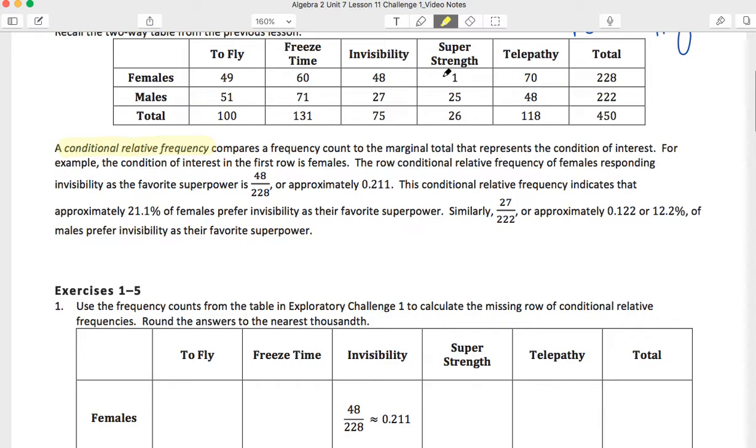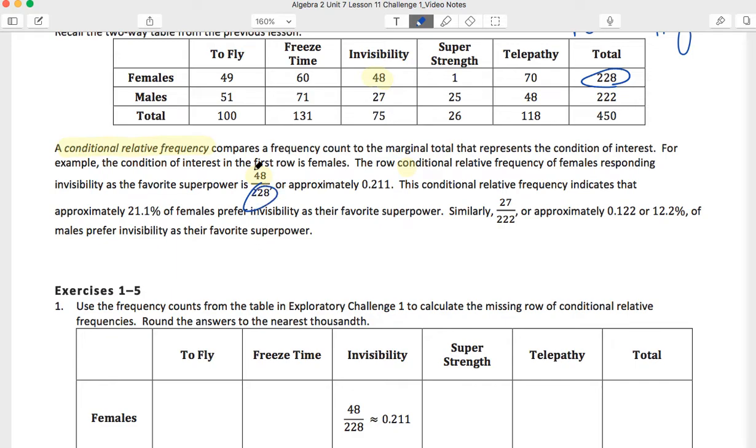So you look at the first row and ask, what is the condition? Females. The row conditional relative frequency of females responding invisibility as the favorite superpower is 48 over 228. So this 48 says out of all the females, 48 of them responded with this superpower as their favorite, and then a total of 228 females.